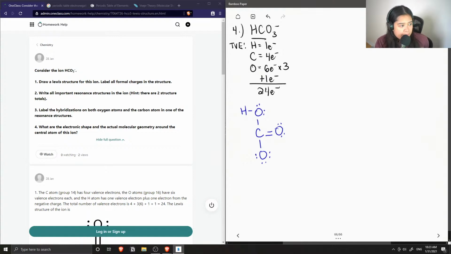And we also need to label all the formal charges. So let me write the equation for formal charge up here. So formal charge is equal to the number of valence electrons minus the number of non-bonding electrons minus the number of bonding electrons divided by 2.